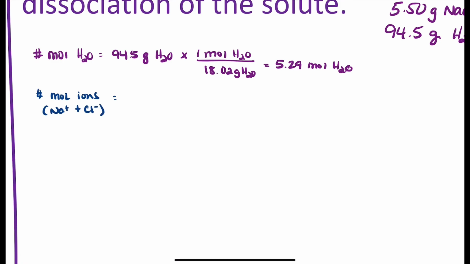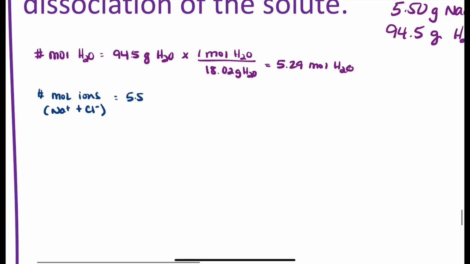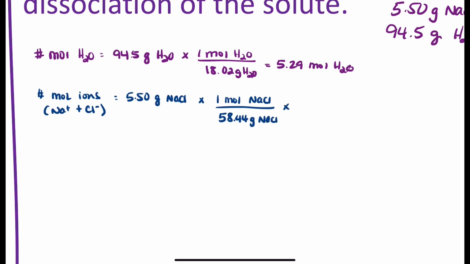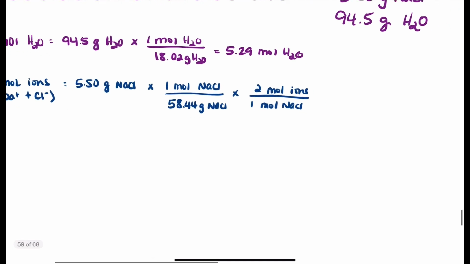I know that I have 5.50 grams of NaCl. I know 1 mole of NaCl weighs 58.44 grams. And I know that there's 2 moles of ions for every 1 mole of NaCl because it is splitting up into sodium ions and chloride ions, so 2 different ions.